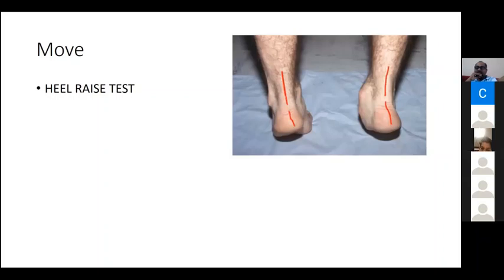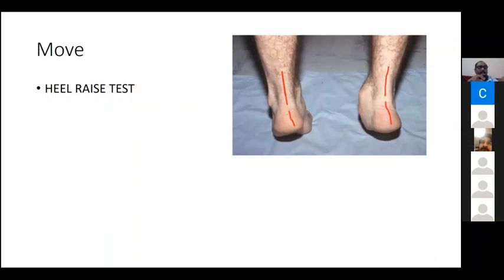Stage 1 is tenosynovitis. Stage 2 is flat foot with forefoot normal in stage 2A, forefoot abduction in stage 2B. Stage 3 is flat foot with forefoot abduction and hindfoot valgus, and stage 4 is forefoot abduction, hindfoot valgus, flat foot, and ankle ligament compromise.